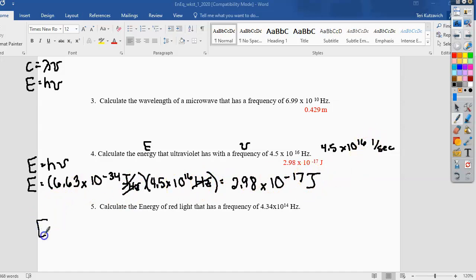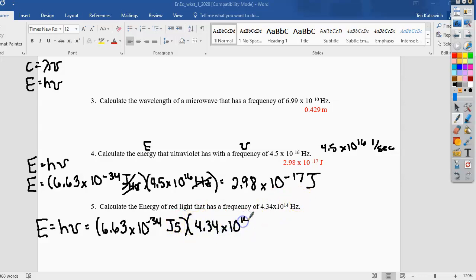And this is another energy equation. E equals h nu, 6.63 times 10 to the negative 34. This time I'm going to do joules times seconds, so you know what I'm talking about. 4.34 times 10 to the 14th, and instead of using hertz, I'm just changing the hertz to 1 over a second. It's the same thing. We talked about that in the notes yesterday.